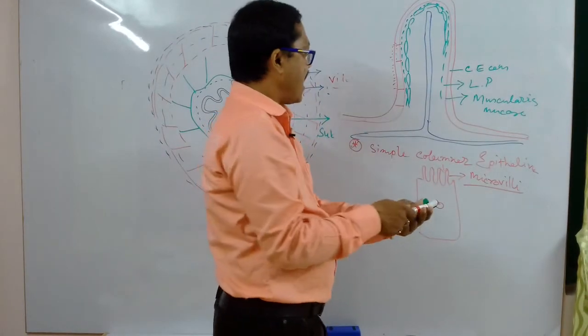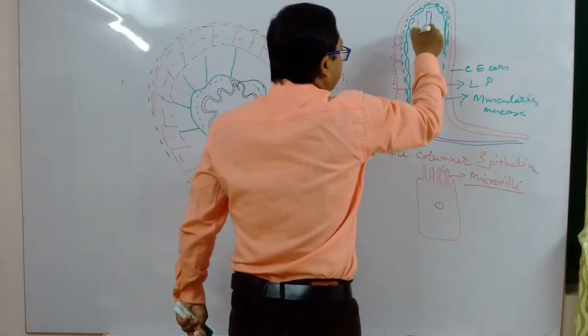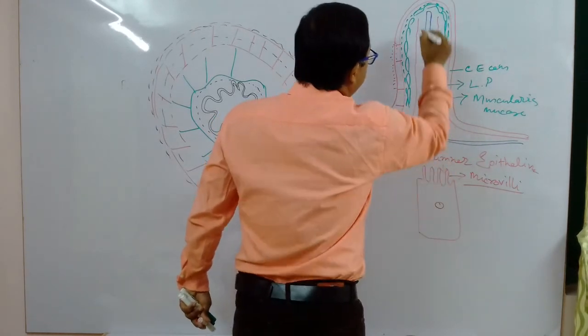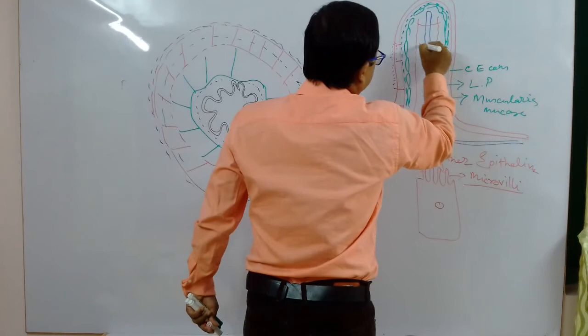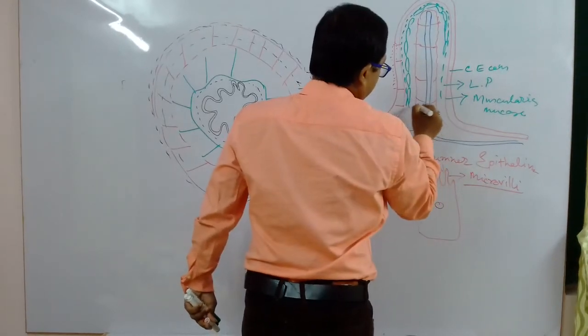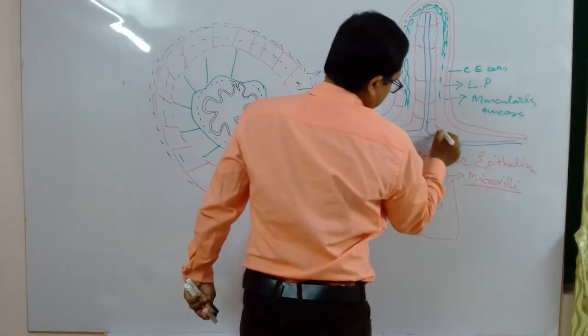This lymphatic duct is then surrounded by arteriole and venule.